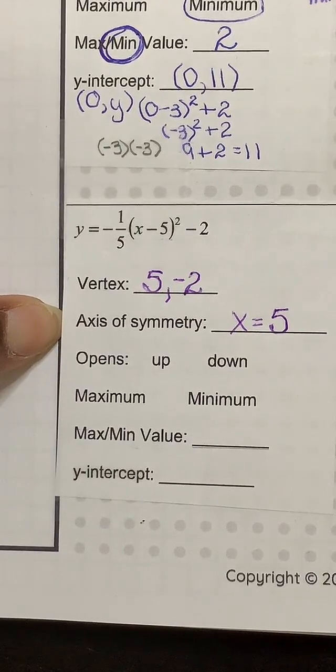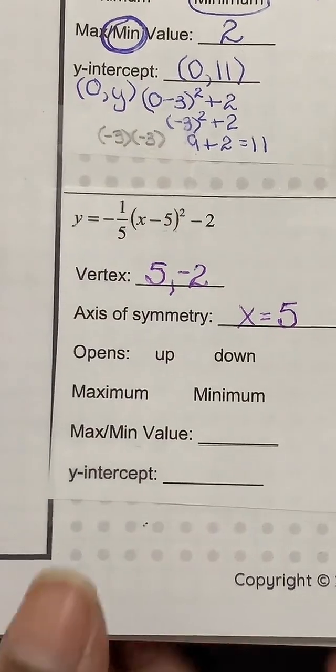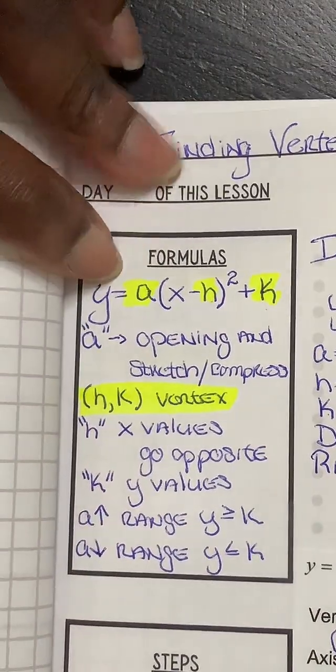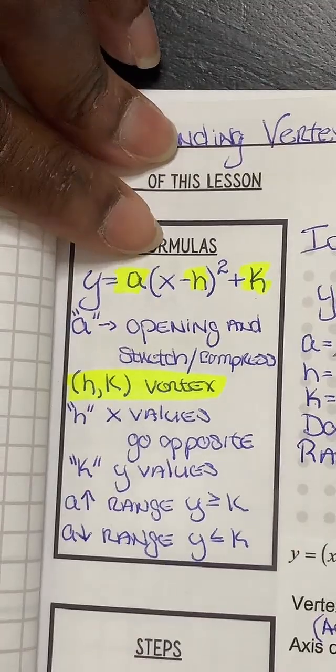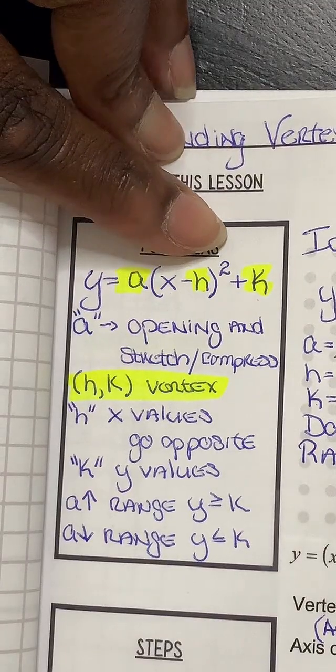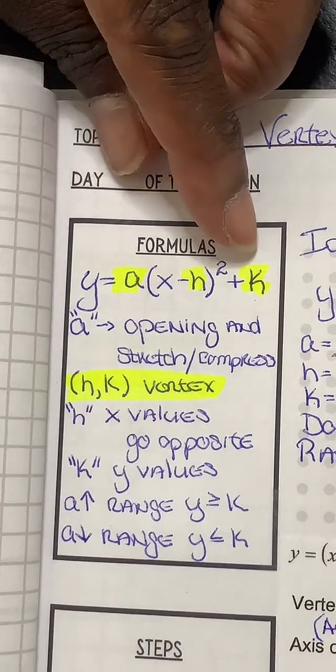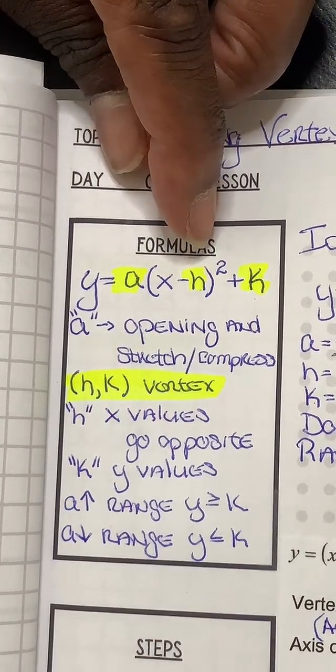All right. So what we're doing is working on vertex form. Okay. So vertex form is this. You have your y equals a times x minus h squared plus k. Okay. Your h and your k is your vertex.